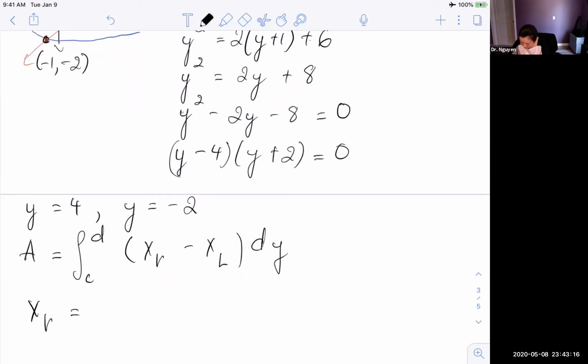So earlier we have, let me just put it right here, y equals x minus 1. So x is going to be, xr is going to be y plus 1.